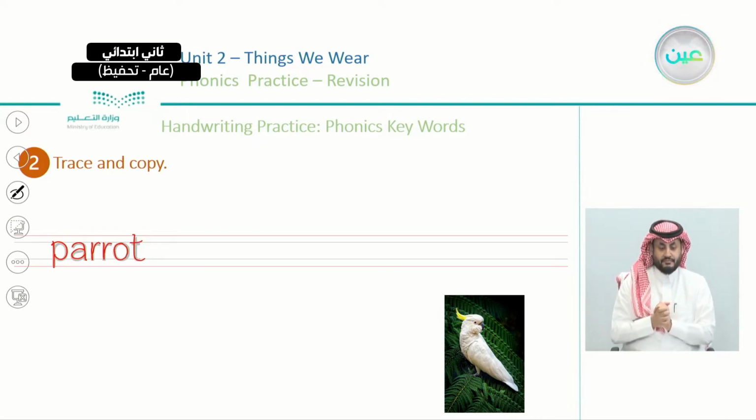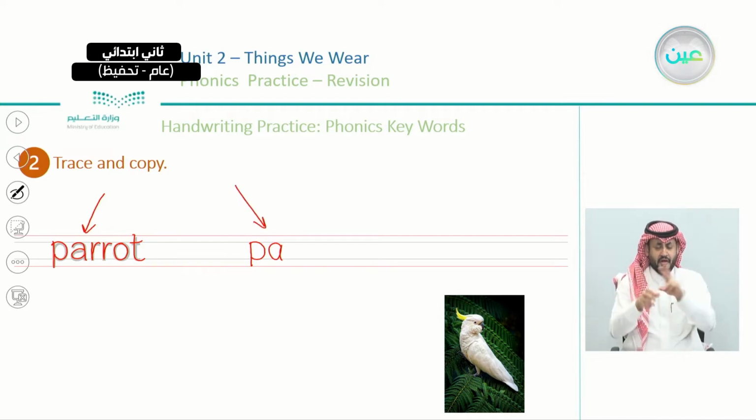Now let's write it here. So P, A. You can write the letter A in two ways, like this or like this. Both are correct.